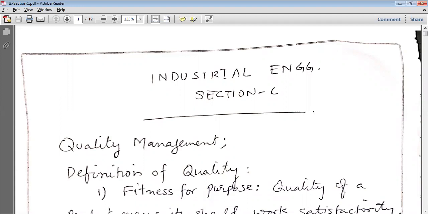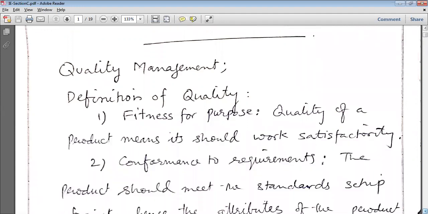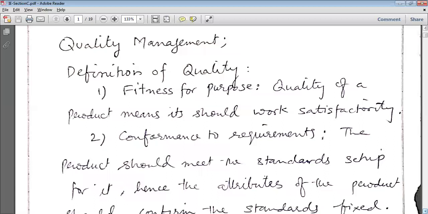Before coming to quality management, we must know the definition of quality. What is quality? Quality in general is known as fitness for purpose. Quality of a part or product means that if it is able to perform its job well, then it is known to have a good quality product. Similarly, another definition of quality is conformance to requirements.